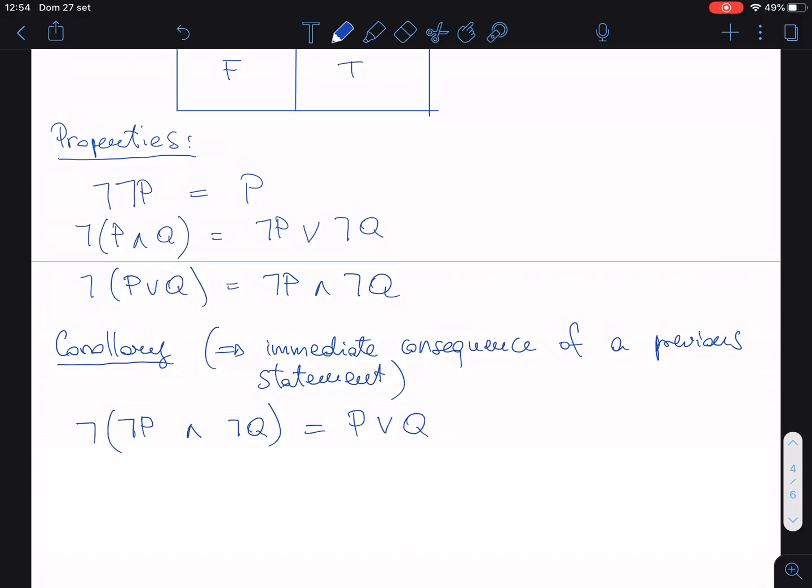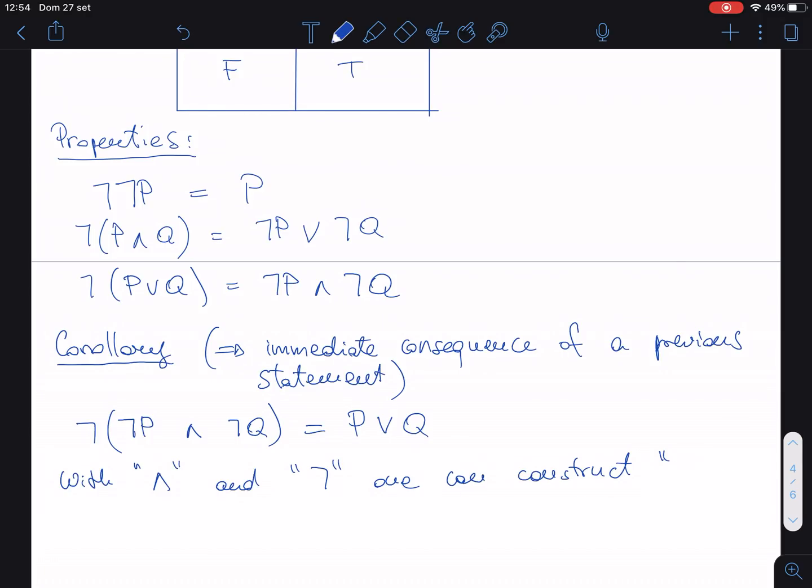So, why do I insist on this corollary? Because the message is that with and and not, one can construct or.